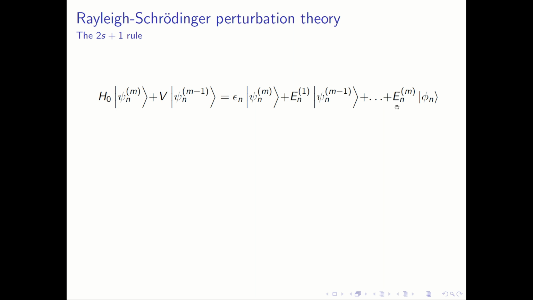As we have seen in the last class, if you want to find out the energy correction to mth order, all you have to do is hit both sides of this equation with a bra corresponding to phi n.